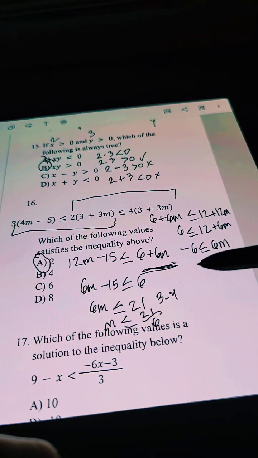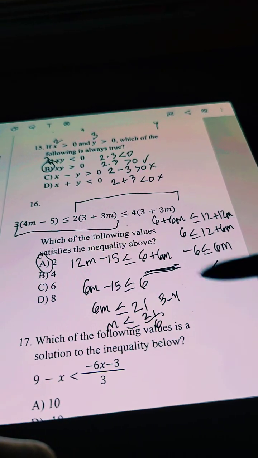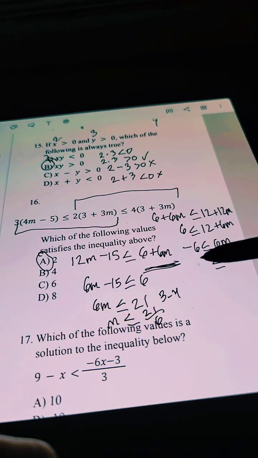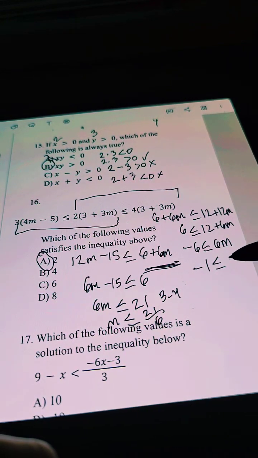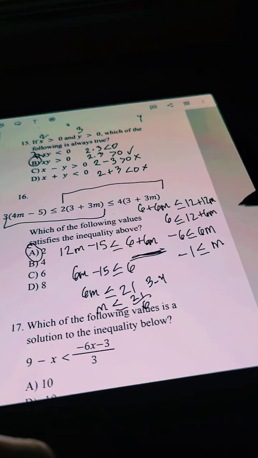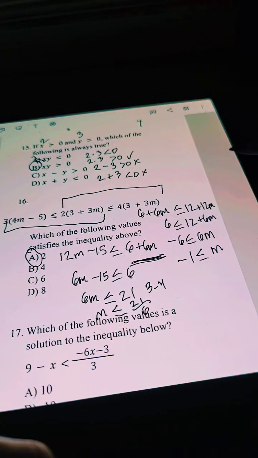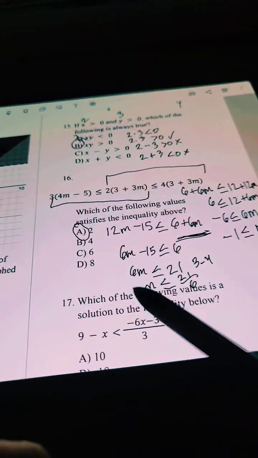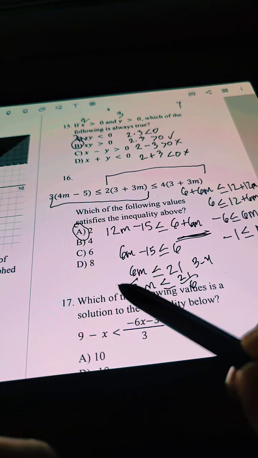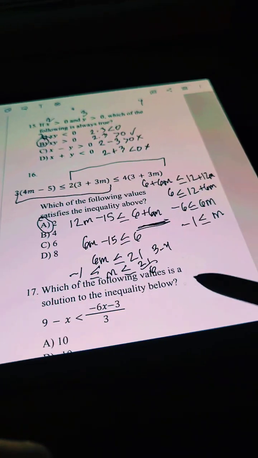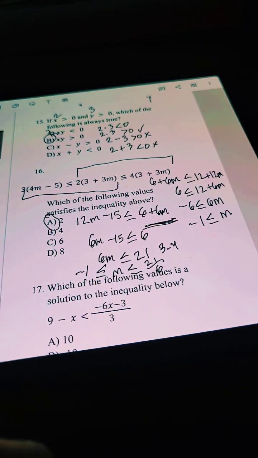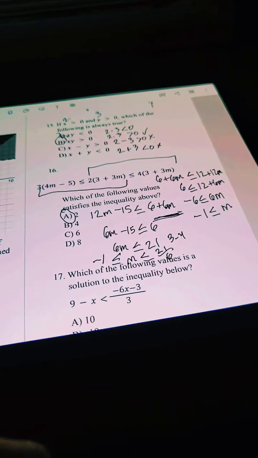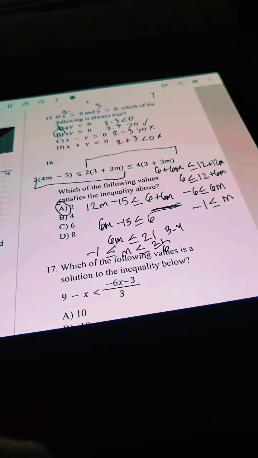So now I'm going to divide by +6, but the inequality symbol stays the same because I'm not dividing or multiplying by a negative. And then it's going to be -1 right there. So that's how you could solve, and then you just know that m has to be greater than or equal to -1, but then it also has to be less than or equal to 21/6. So if you had to solve the whole thing, that's what you would do. But for this problem, you don't necessarily have to.